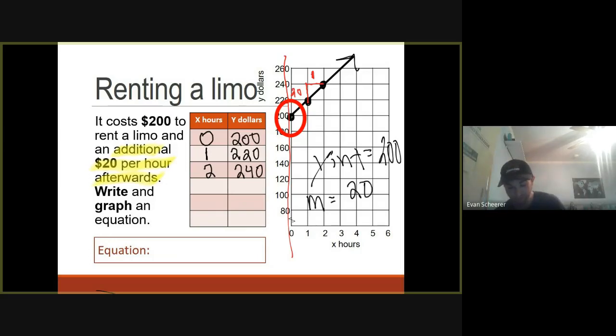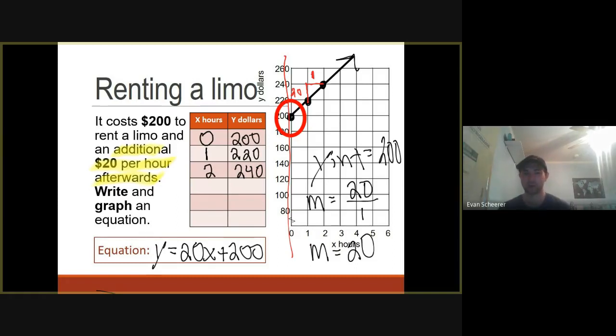So we're rising 20, we're going over 1. So m equals 20. Therefore, when we write our equation, we get y equals, now you put the slope, attach it to the x, has to be attached to the variable, 20x plus 200.